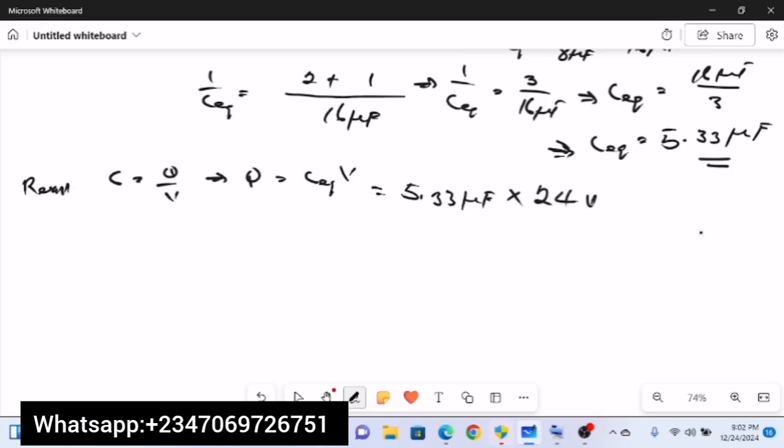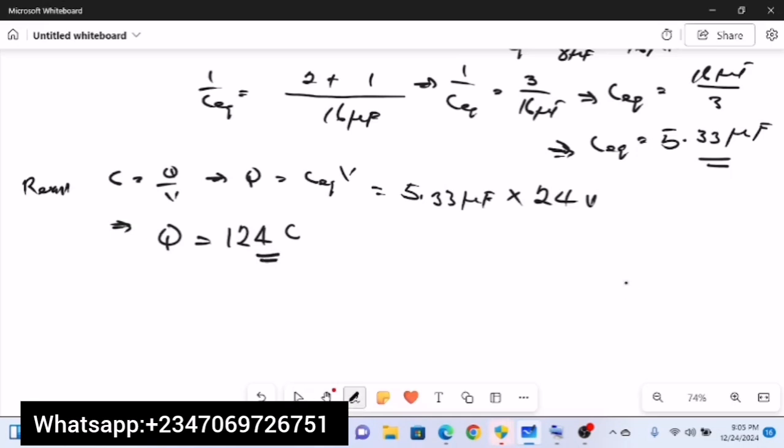So this simply implies that the equivalent charge, or the charge across the circuit, is going to be equal to 128 microcoulombs. Sorry, the unit of charge is the coulombs. So this is now the equivalent charge, or the charge across the capacitor.